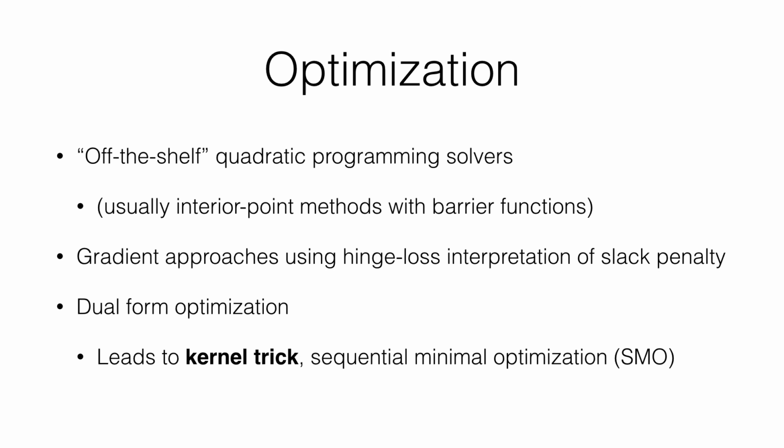And furthermore, it leads to a very important discovery in the history of this method, and it will allow the mathematical ideas that we've derived here in the context of a linear classifier to extend to nonlinear classifiers in a very elegant way. So we'll get to that, and then we'll also talk about sequential minimal optimization, which is a fast way to optimize the dual form of the support vector machine objective.